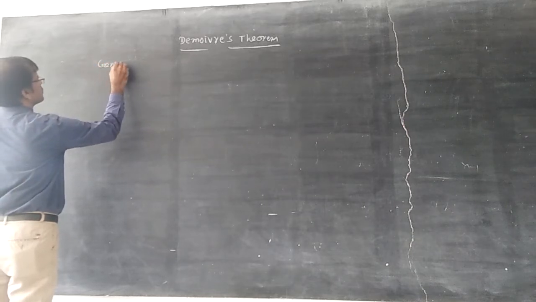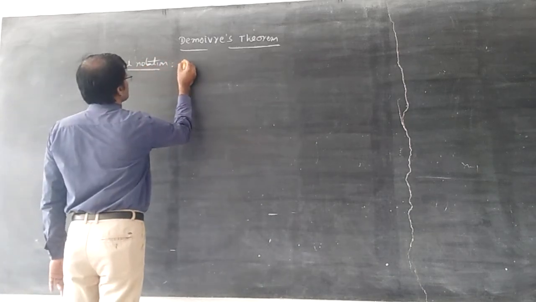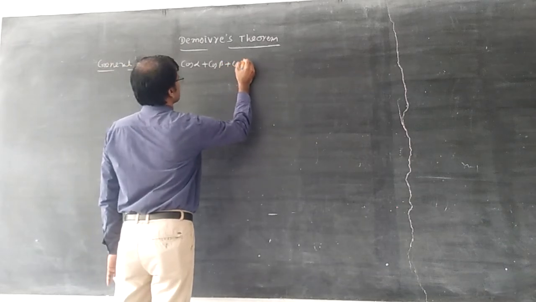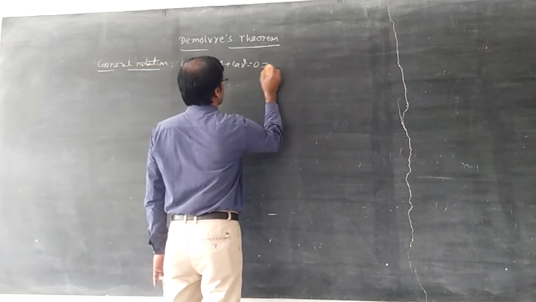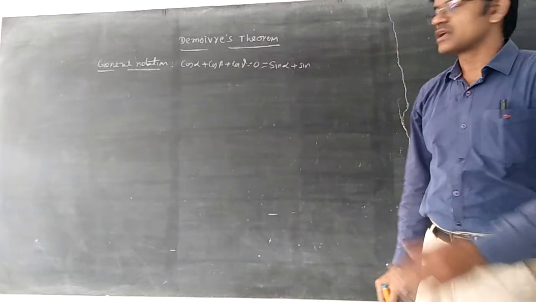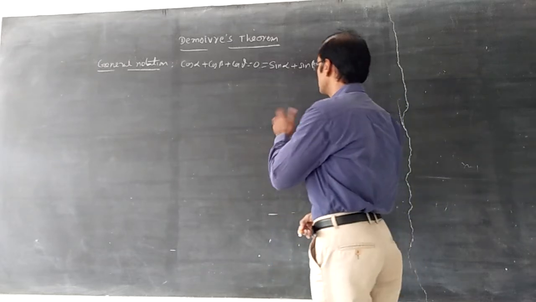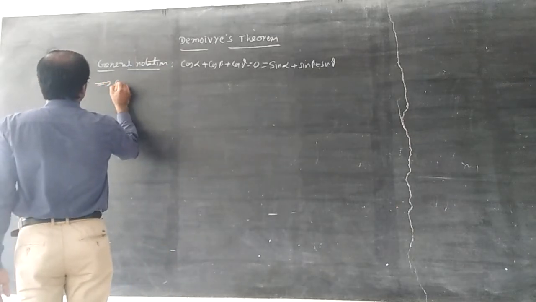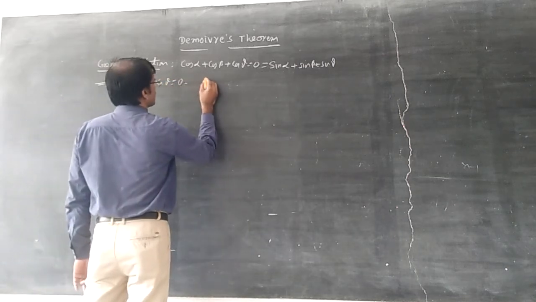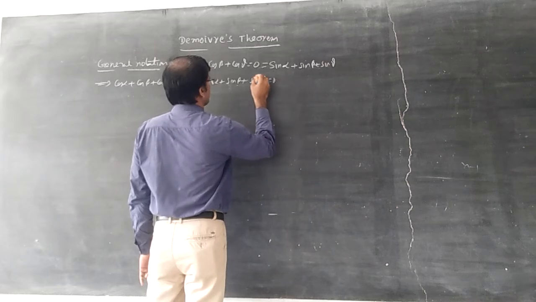General notation: usually they give cos alpha plus cos beta plus cos gamma equal to 0, and sin alpha plus sin beta plus sin gamma equal to 0. This is one equation and this is another equation.